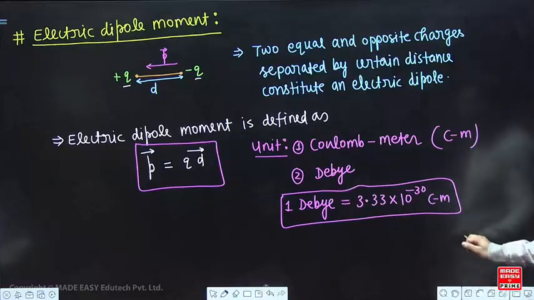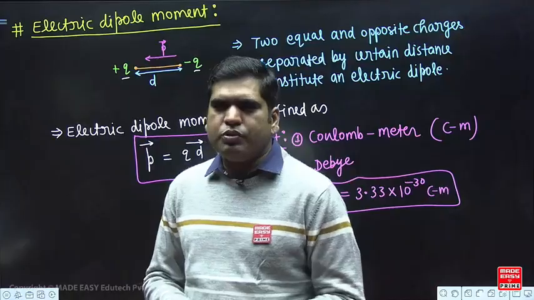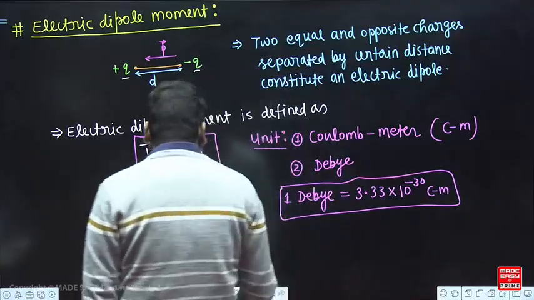Now this electric dipole moment is nothing but magnitude of charge on a dipole and distance of separation between these two charges.